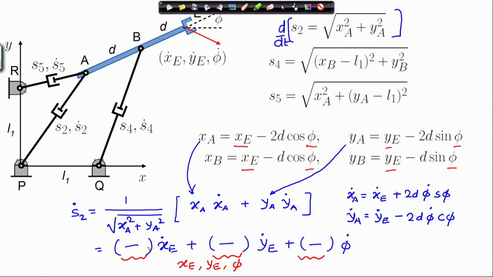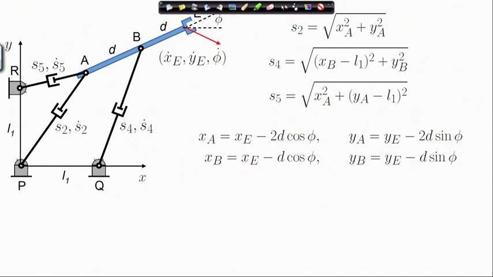So, if you know the configuration of the manipulator, these quantities are already known to you. In that case, I have found a relation between the expansion rate of S 2, which is S 2 dot, and the velocity of the end effector, which is x e dot, y e dot and phi dot.